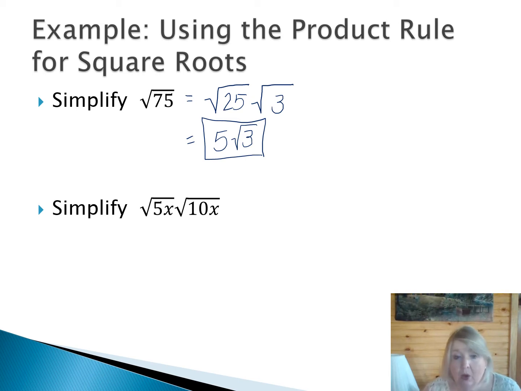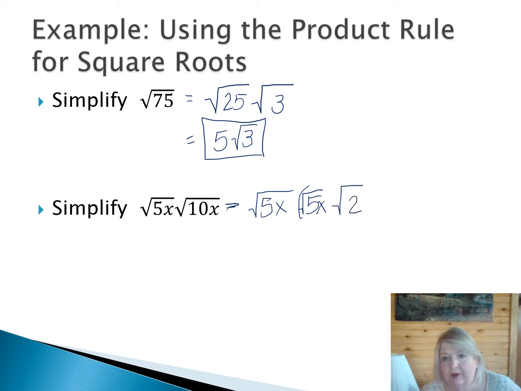But as always, sometimes there are shortcuts, as in the case right here. You guys know that I don't use a calculator, so when I'm multiplying, I like to try to break down that square root of 10x to match something that's already there.